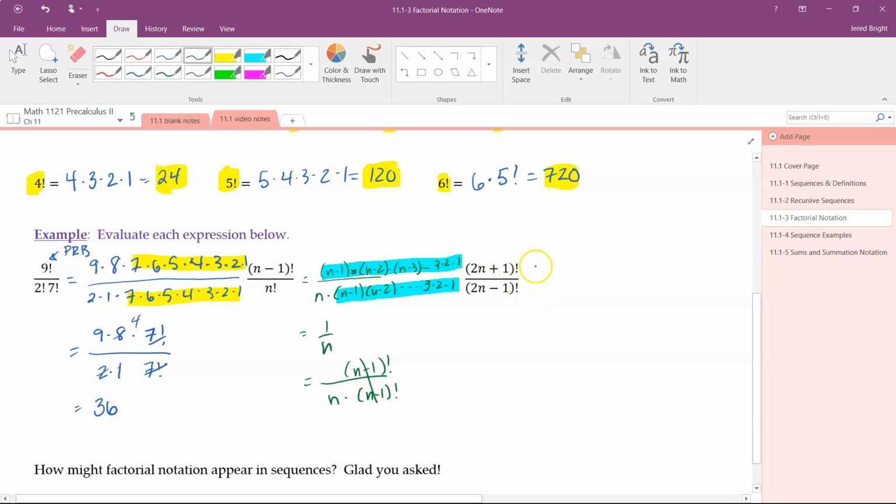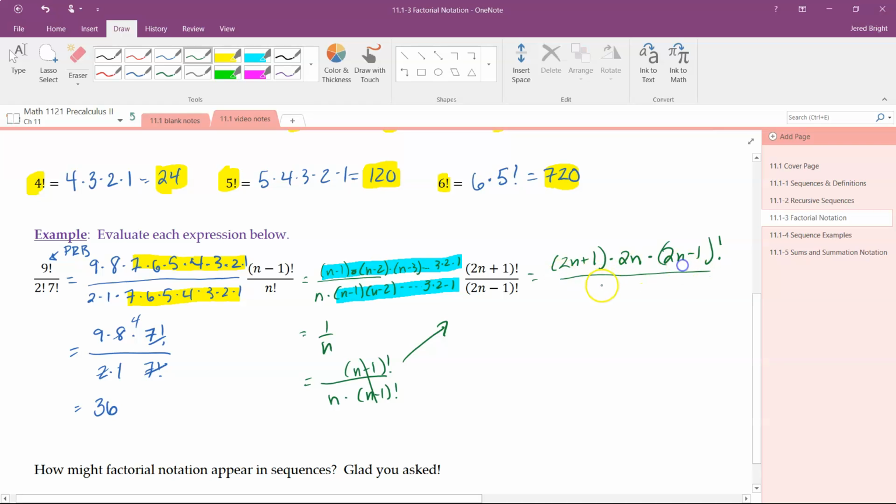This last example for now is just going to require us to use the same idea from the last example and recognize that 2n plus 1 factorial is 2n plus 1 times 2n times 2n minus 1 factorial, and then 2n minus 1 times 2n minus 2 times 2n minus 3, and so on.